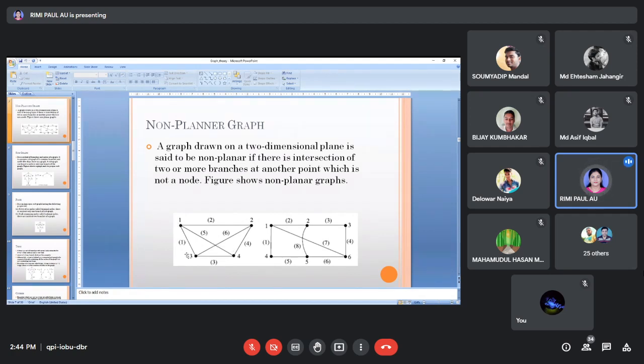Suppose we are taking these two branches and they intersect here, and this is not a node, right? So this is known as a non-planar graph. Here you can see this branch and this branch are intersected, but this is not a node. That is known as a non-planar graph.